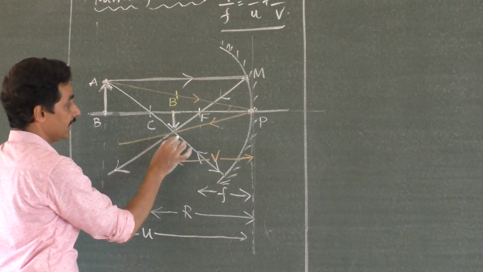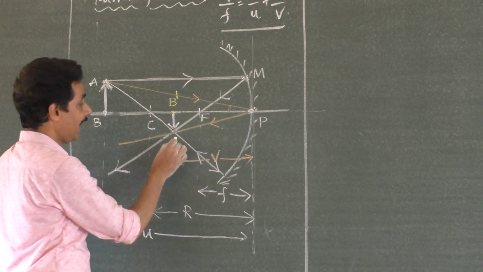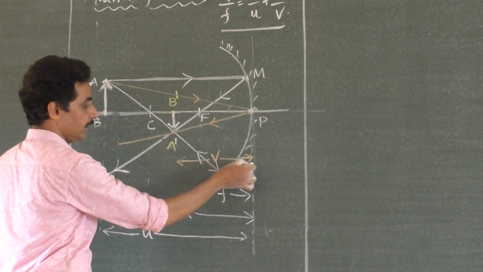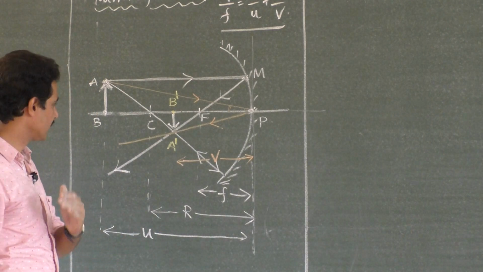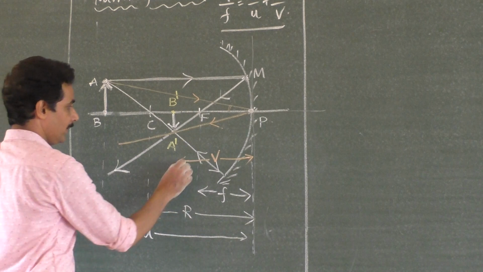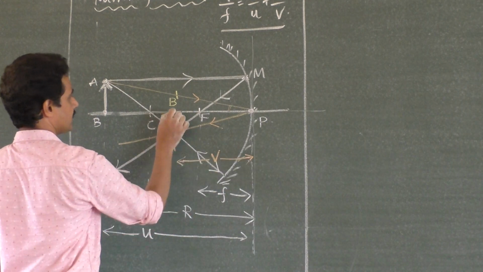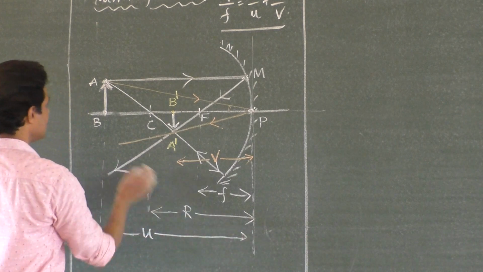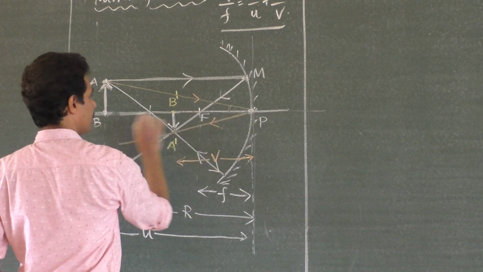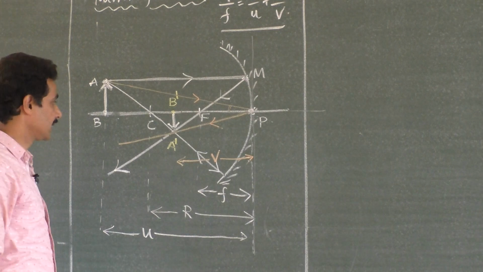What is that triangle? A', B', P. In that triangle, image distance comes into the picture, right? So you go in search of all these triangles. Image distance is in A', B', P, because B'P is the image distance. Object distance is in the triangle ABP, where BP is the object distance.